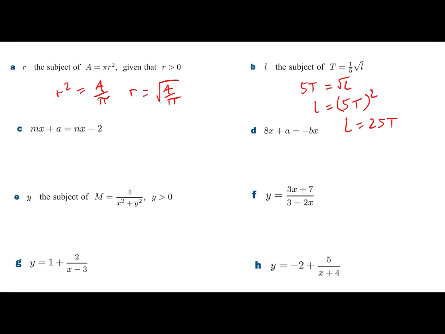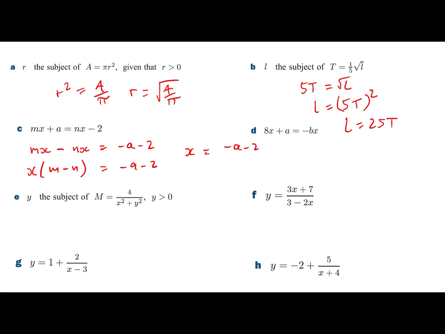Okay. C, get everything with an x over to the left-hand side and everything else over to the right-hand side. So I'm going to get mx minus nx is equal to minus a minus 2. Factor out the x. x times m minus n equals minus a minus 2.